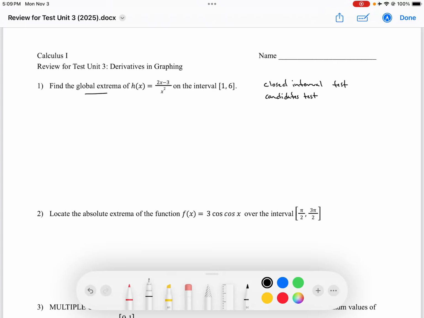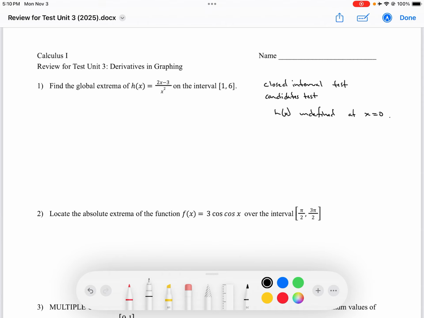Global extrema. Also, I'm just going to think about my function for a second here. h of x is not defined at x equals 0, right? Because you would have a vertical asymptote there.